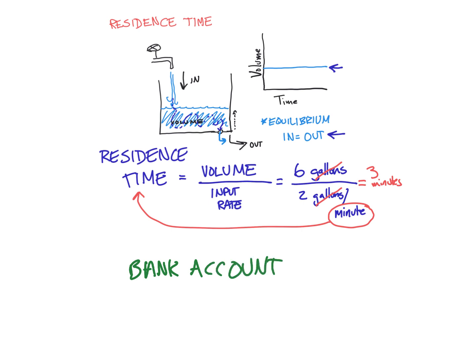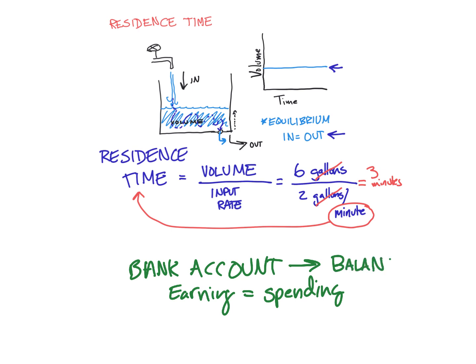If you're earning money every month, and that equals what you're spending, so your earnings equal what you're spending, then your bank account is an equilibrium system. And hypothetically, that also means that there is some bank balance that you're maintaining.